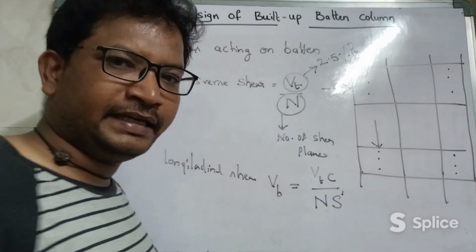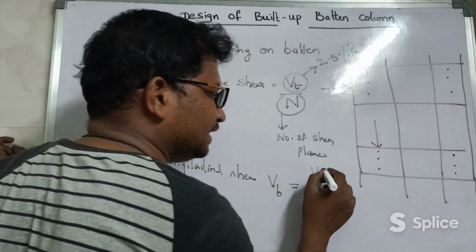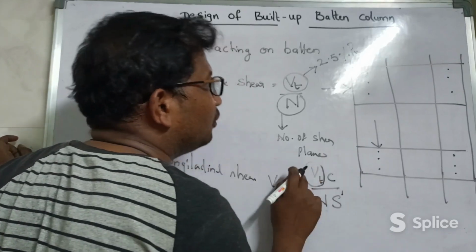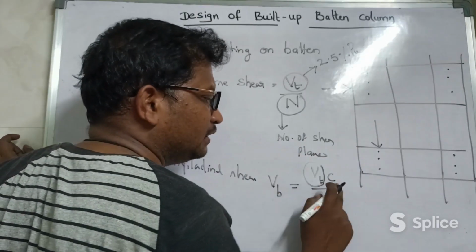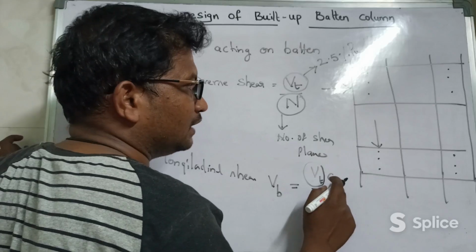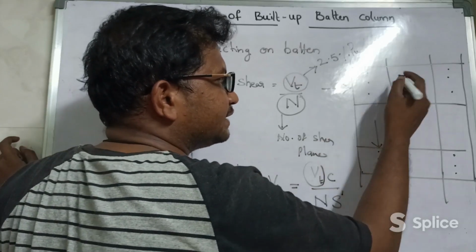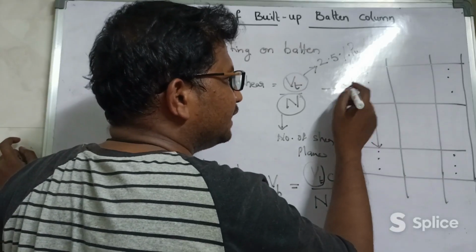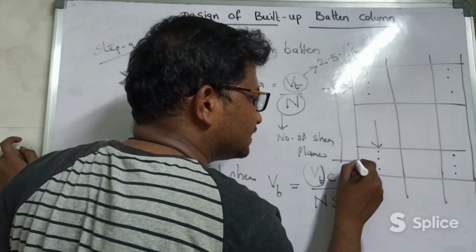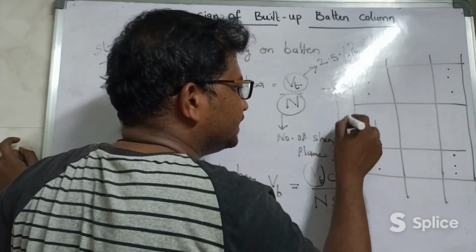VtC by N S dash. Here Vt is a transverse shear. We know 2.5% of Pu. C is the center to center distance between battens. This one, this is the C.